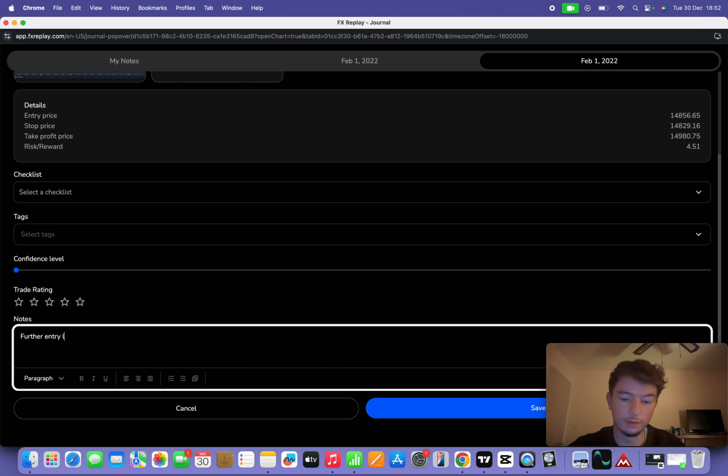Further entry long after sweep and around 10:30. Looking at FVG reaction, tight SL and same target for London High. All right.